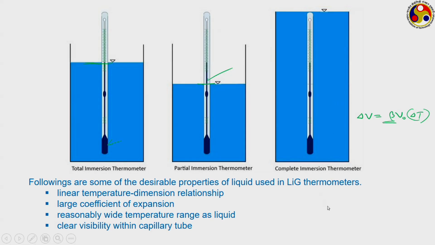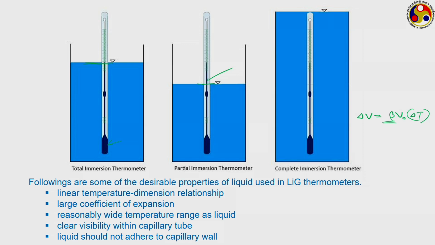Clear visibility within the capillary, mercury scores over spirit, because mercury is opaque and clearly visible within the capillary. However, alcohol is transparent and can be used only after it is colored with a certain kind of dye. And the liquid should not adhere to the capillary wall, where again mercury is better compared to spirits.